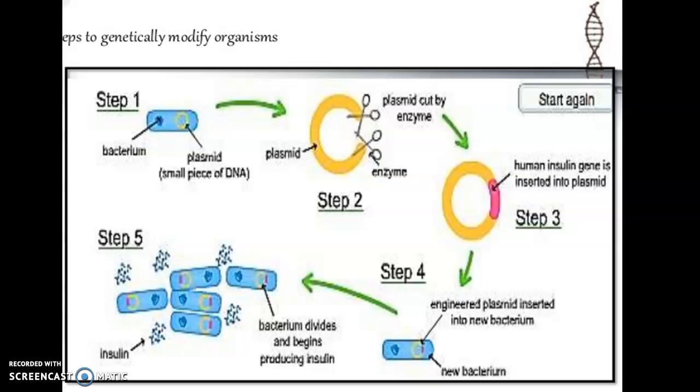When we use the same restriction enzyme to cut the human gene and the plasmid, that enzyme recognizes the particular sequence, and the cut ends of the human gene and the plasmid are complementary with each other.